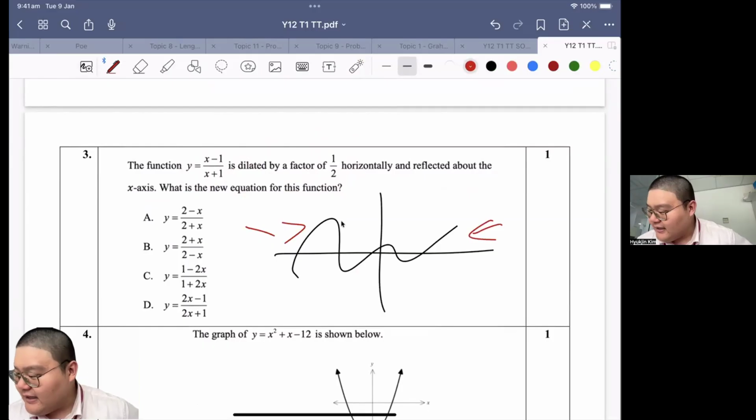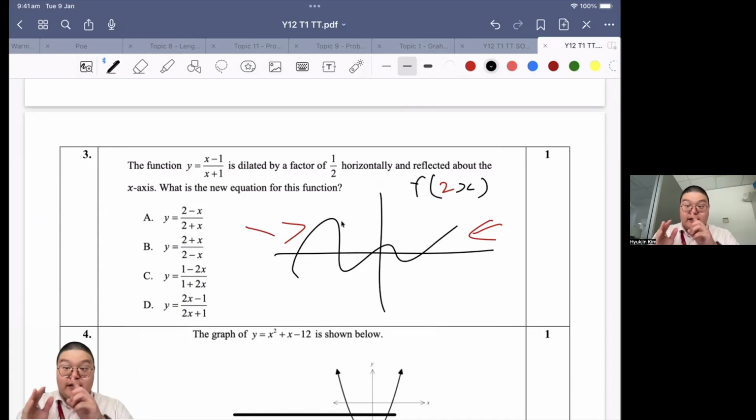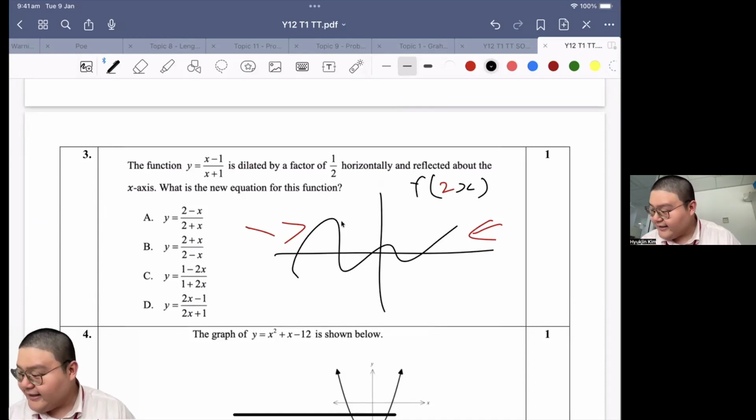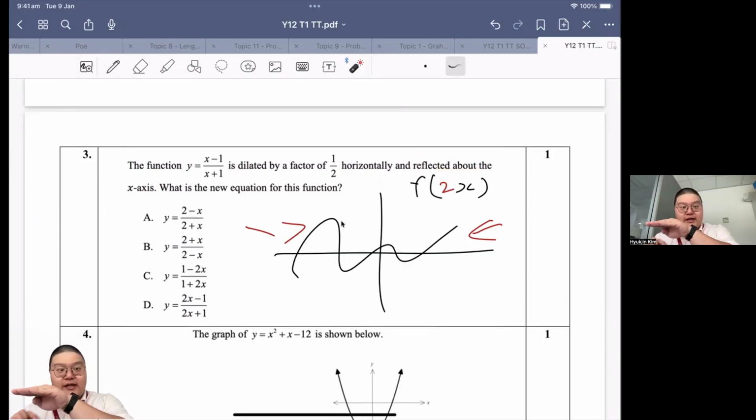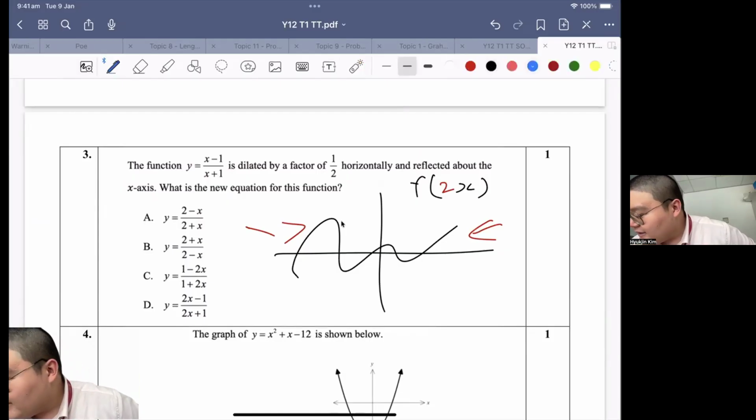What does that mean? It is f of 2x. So horizontal dilation is actually the other way around from the factor that they tell you. And then it gets reflected about the x-axis. The x-axis is the horizontal one, and if it's reflected around it, it goes vertical flip. So now that means it goes like this.